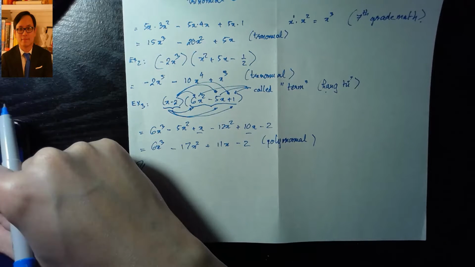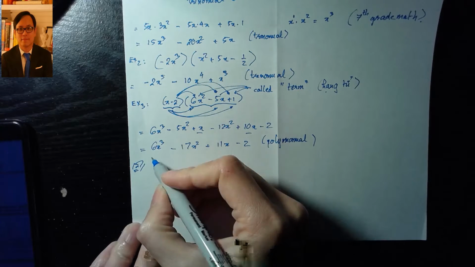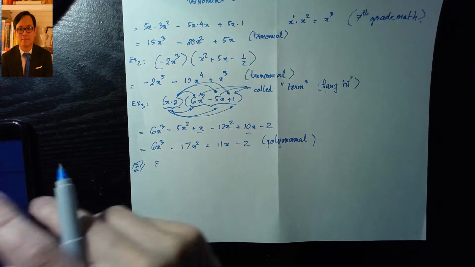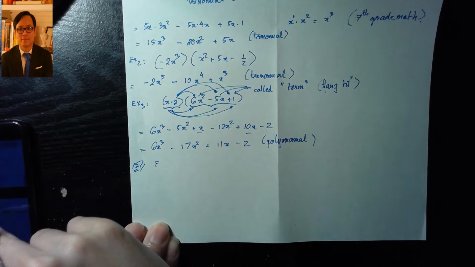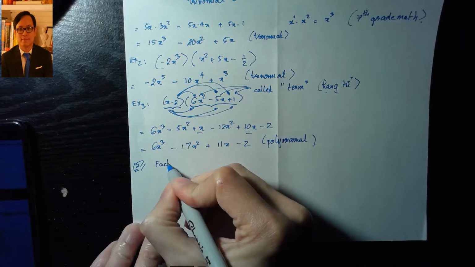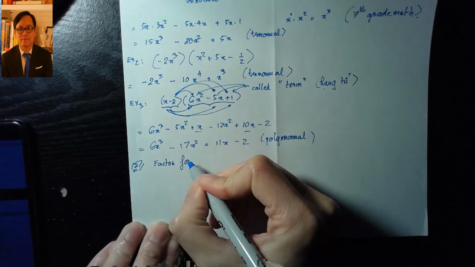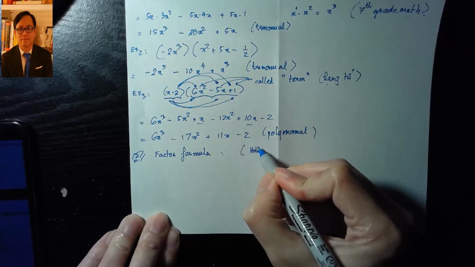We're talking about something called factor formula. Okay, cái này gọi là hằng đẳng thức đáng nhớ.